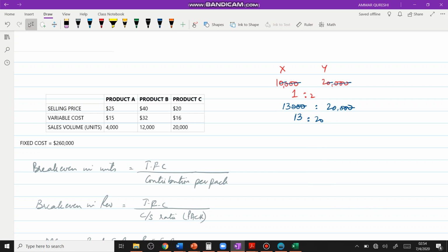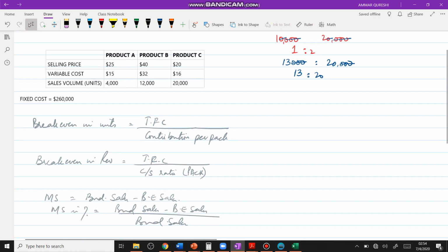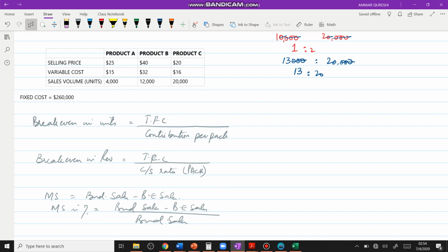One dining table is to four chairs. This is the kind of proportion we are assuming, and without this assumption, it will not be possible for us to calculate the accurate break even. In that case, we can calculate the average break even point, but the accurate break even point will not be possible, right? So this is something which we have to assume.